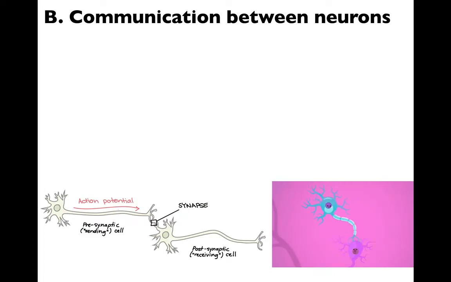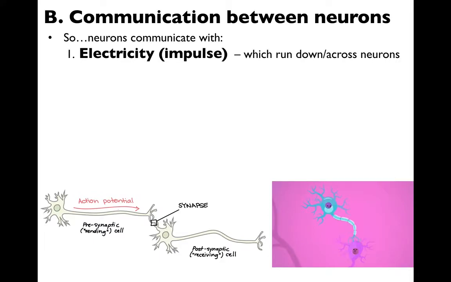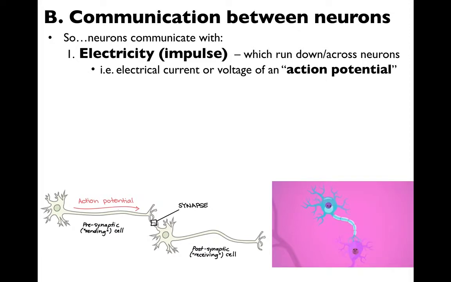In terms of communication between two neurons, formally speaking, there are two ways communication occurs. One is through electricity, the impulse, which is that action potential down the neuron. Sometimes people call it voltage, sometimes people just say impulse.